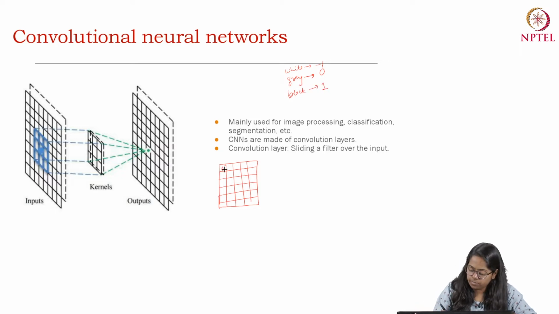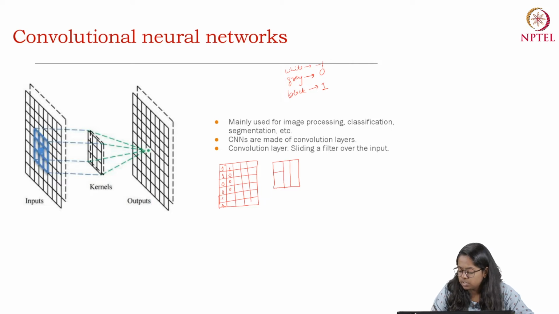Then we have some values here, 1 1 0 0 -1 1 and 1 0 0 0 and so on. And what we do is we create a kernel or a filter of size 3 cross 3. Now this image we saw is of size 6 cross 5.